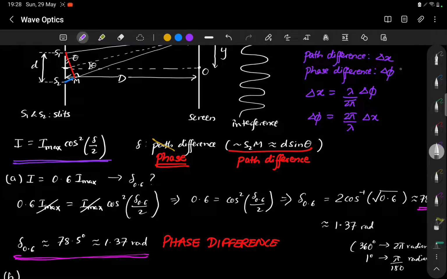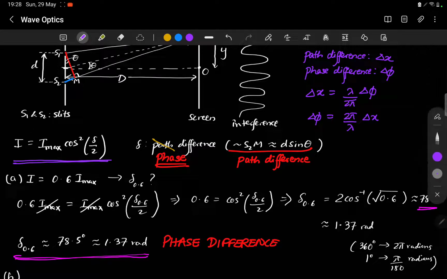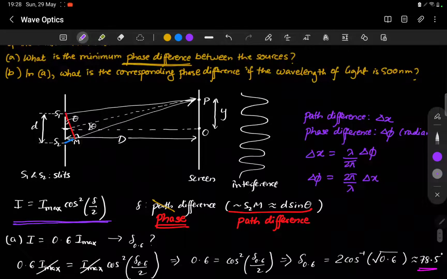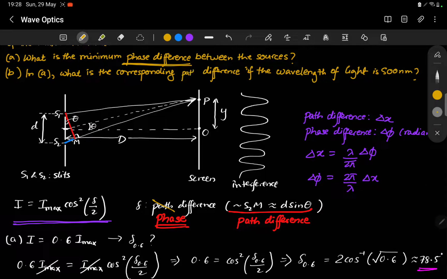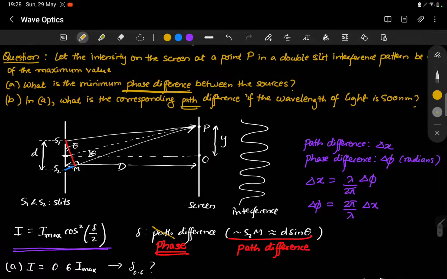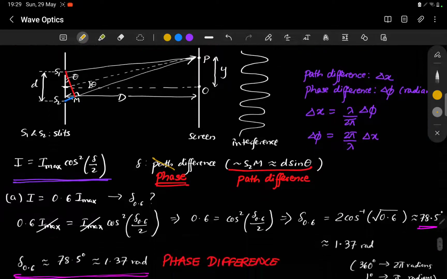So here we need to find out path difference only. Part A was about phase difference, part B is about path difference, and they are related as follows.